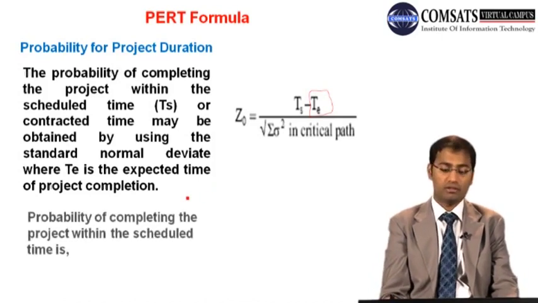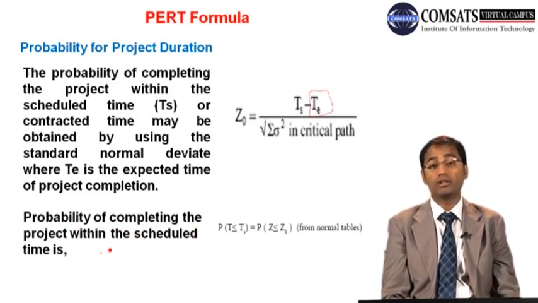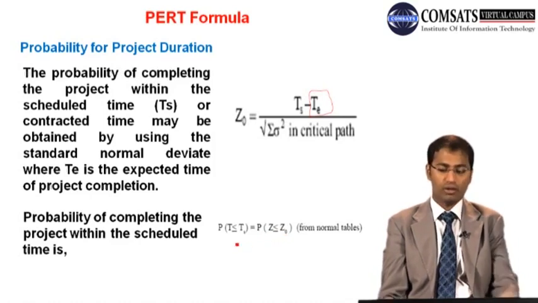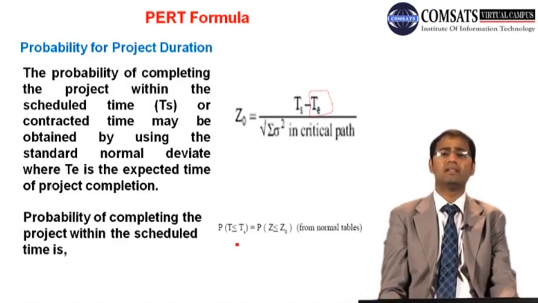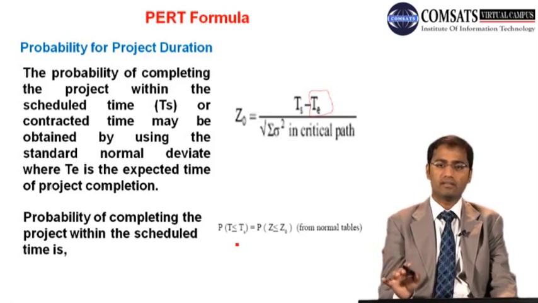We are going to use these formulas very shortly. In short, the probability of completing the project within scheduled time is found through that formula: probability of TS greater than or equal to TE is equal to probability of Z naught greater than or equal to Z. So do not be very worried about these formulas. These formulas are very simple to use.